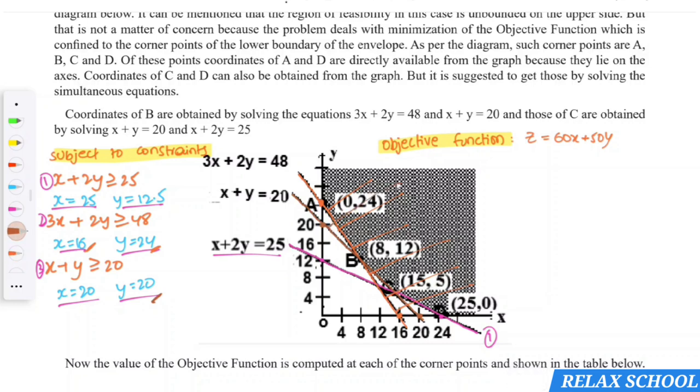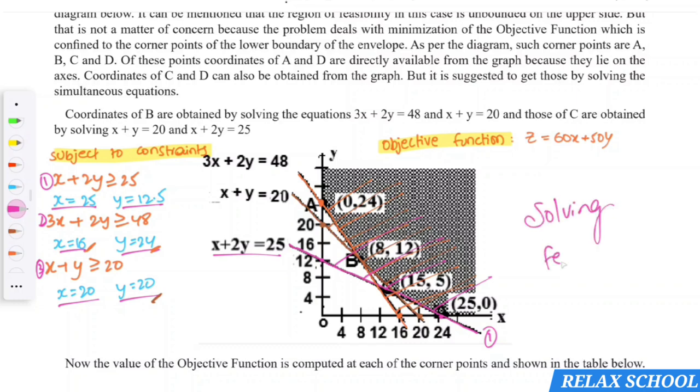For this brown line, it would be all of this area. For this x plus 2y is equal to 25, it would be all of this area. All of these areas are the areas solving the inequality.